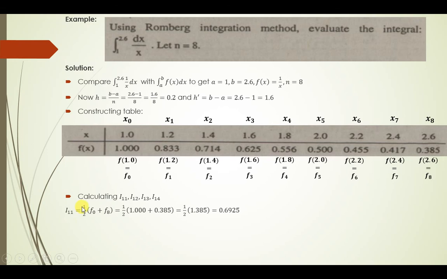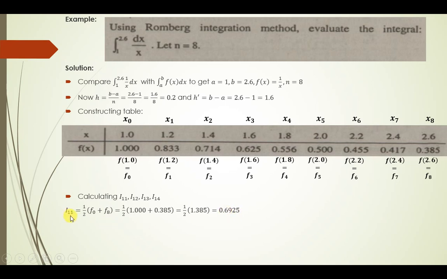So this is half of f0 plus f8. Here f0 is 1.000, so replace it, and f8 is 0.385. Replace this f8 here, sum these two values and divide by 2 to get this answer. This answer is actually I11.